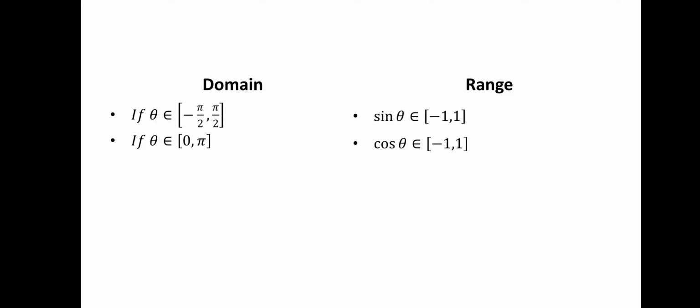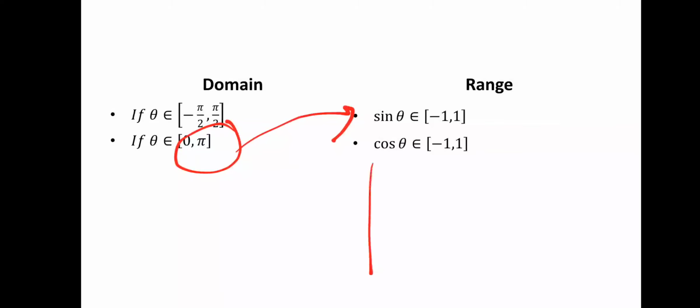For example, if I had taken the interval 0 to pi for sine theta, then both intervals, 0 to pi by 2 and pi by 2 to pi, would be in the first quadrant as well as the second quadrant.